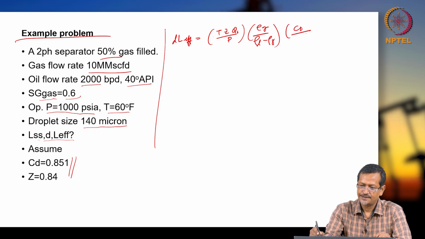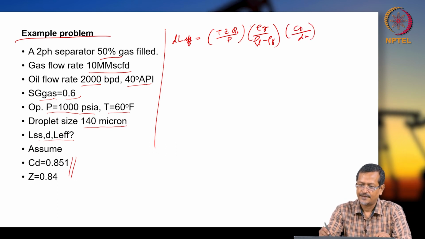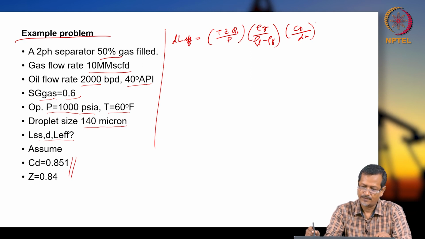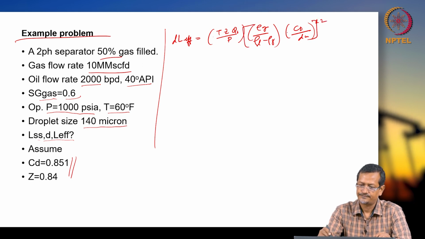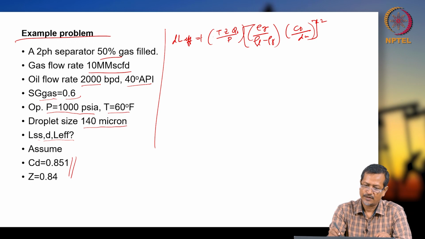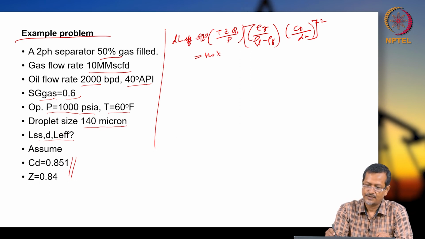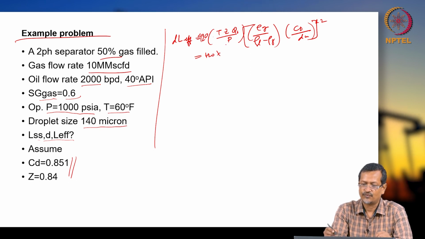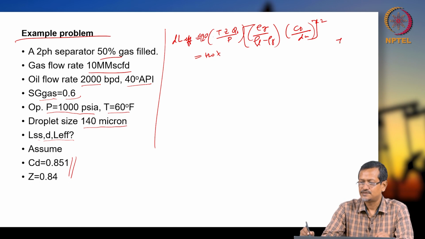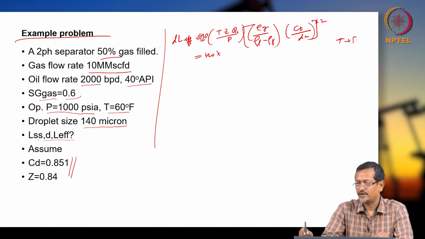Then CD by DM, and the whole thing to the power half. And one constant I forgot.